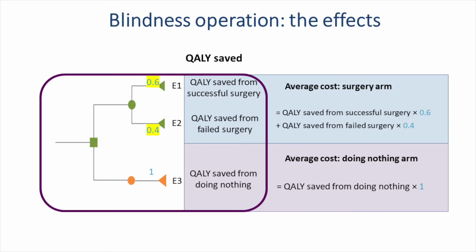So the average effectiveness of the surgery arm takes into account the QALY saved from a successful surgery times the probability of it being successful, and the QALY saved from failed surgery times the probability of it failing. So this gives you a weighted average for this branch. The same principles also apply to the comparator arm, where it's just doing nothing.